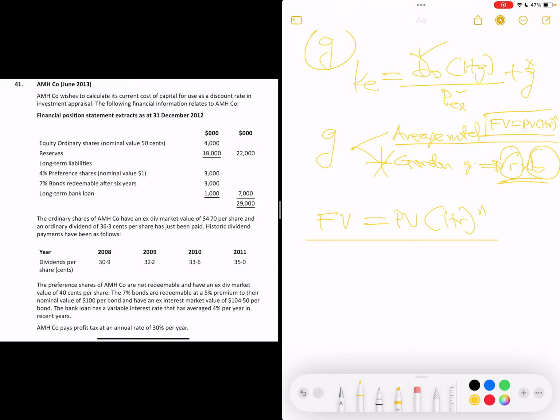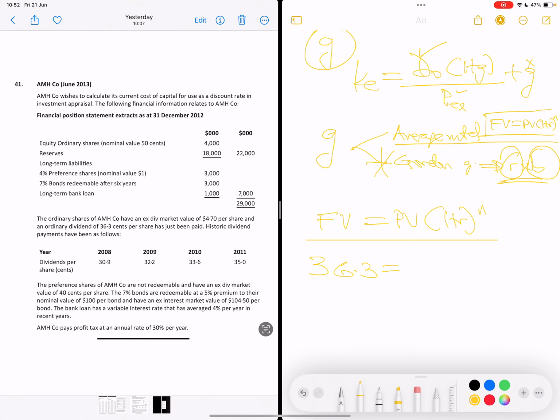So your future value is the most recent value, which is 36.3. That is the most recent value of dividend that we know, 36.3. The present value is the old value. So the oldest value here is 30.9, which is the 2008 dividend. So 30.9. Then 1 plus R. R is the G that we want to calculate, right?